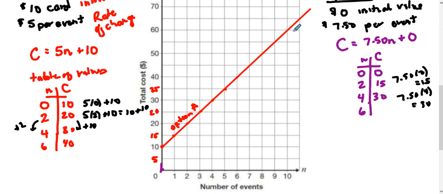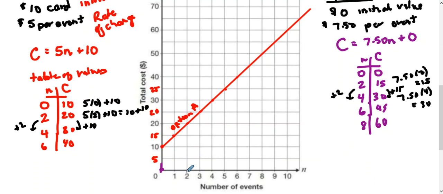And then I can use my rate of change and I can fill in the rest of my steps. All right, moving down. So I know that for every 2 steps I do here, I'm going to increase by 15.